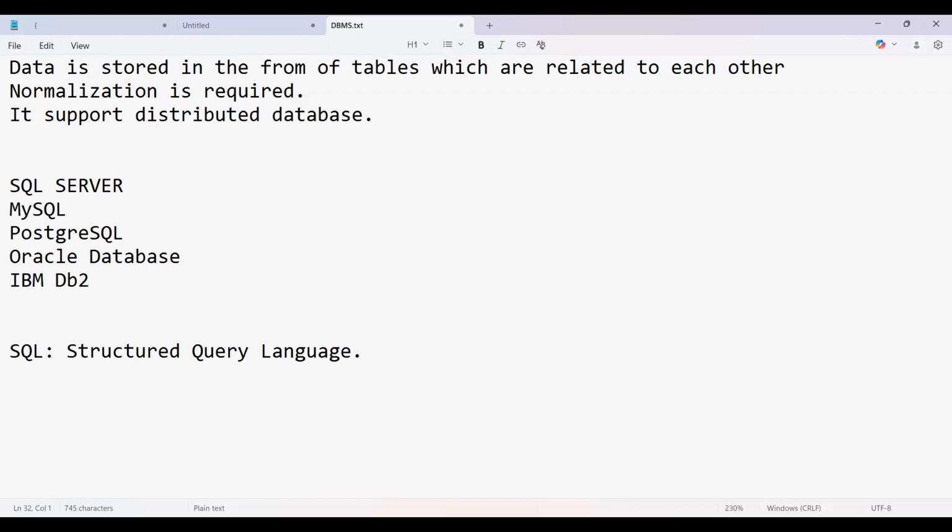What is the importance of SQL? Even though we are in the 21st century, SQL is not a modern language.